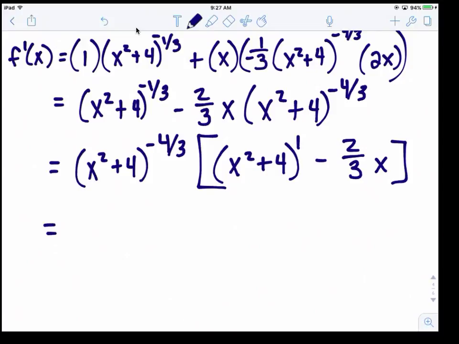Well, that's technically to the first power. So when you distribute now, when you take this times this, you're going to add this exponent with the 1, and that's going to give you negative 1/3. Right, exactly. Yep.